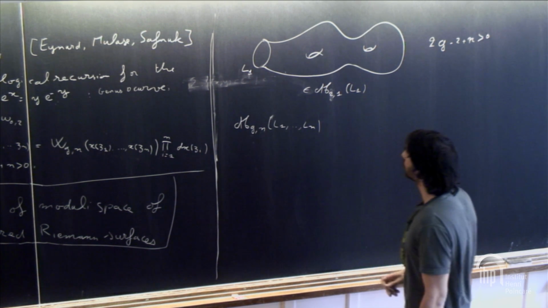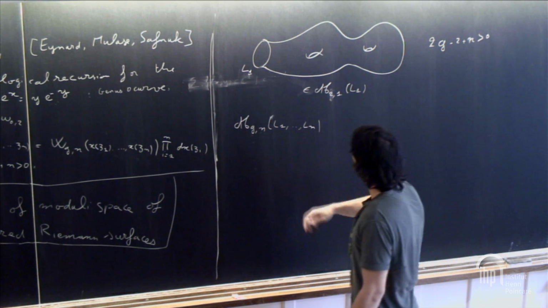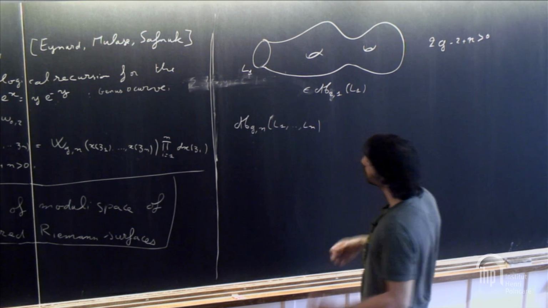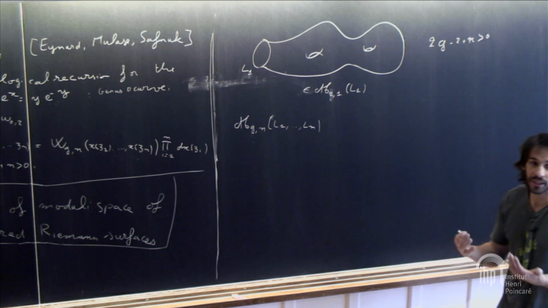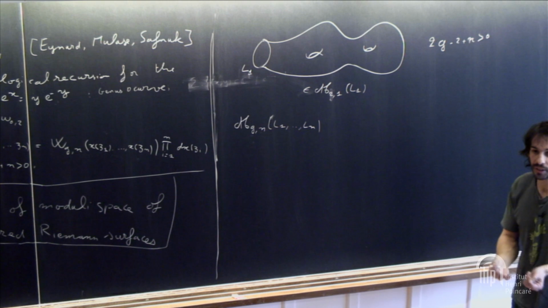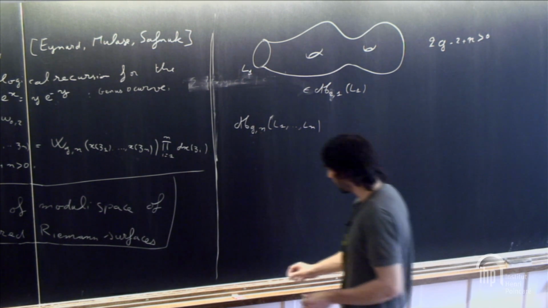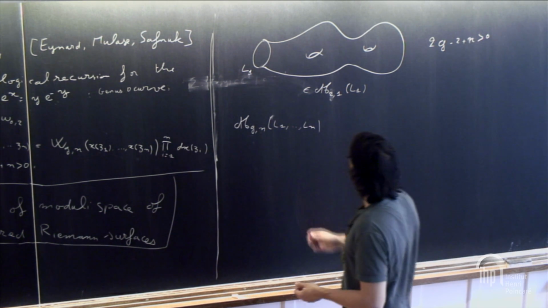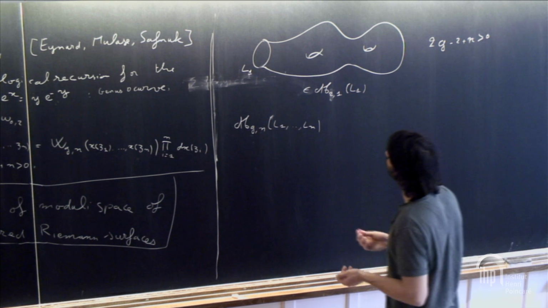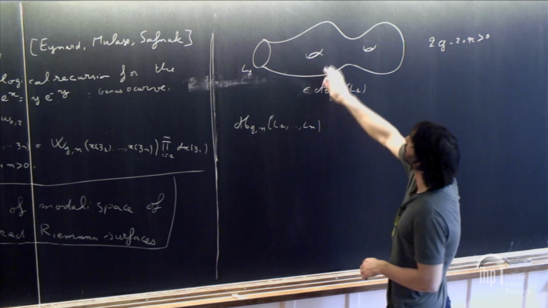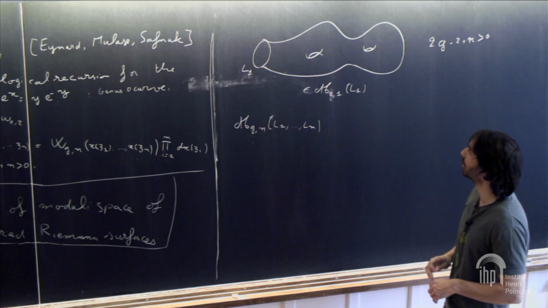Okay. And so I want to compute a volume over this space, but in order to compute a volume, I need a volume form. I need some measure on this space. And in order to describe this space, one easy way to do it is to say, okay, I've got a Riemann surface with a boundary.